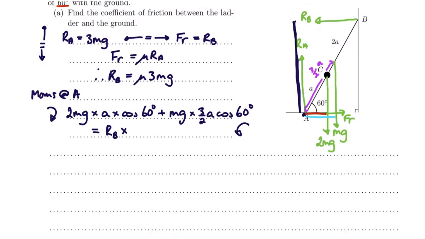You'll notice that's the same as the distance up the wall. You can see that that will be, therefore, 3A sine 60.